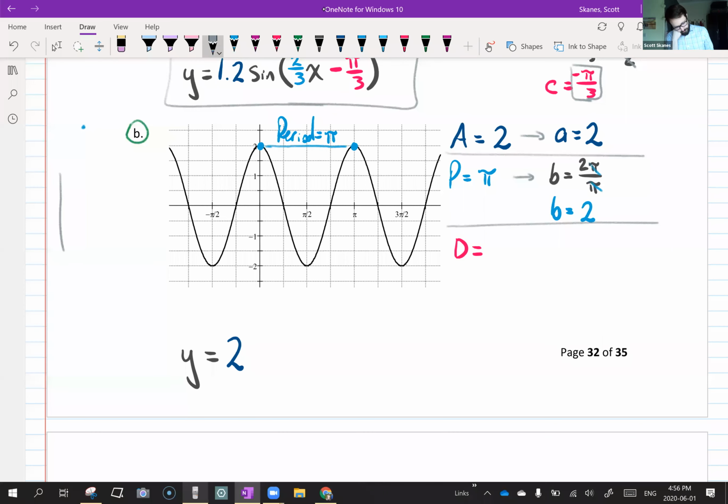Let me just graph what it's supposed to look like. You know, a basic sine graph looks like this. So we need to say, all right, it looks like it's this now.